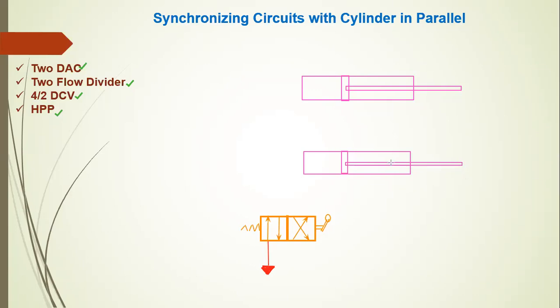Let's complete the drawing and attach the hydraulic lines to all components: one HPP, one direction control valve and two double acting cylinders. The first circuit we are drawing is not a synchronized circuit.